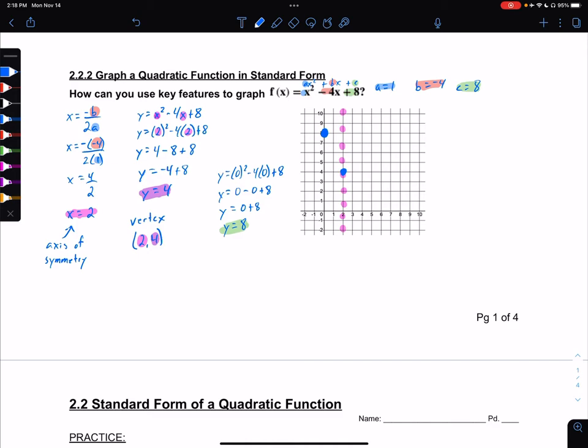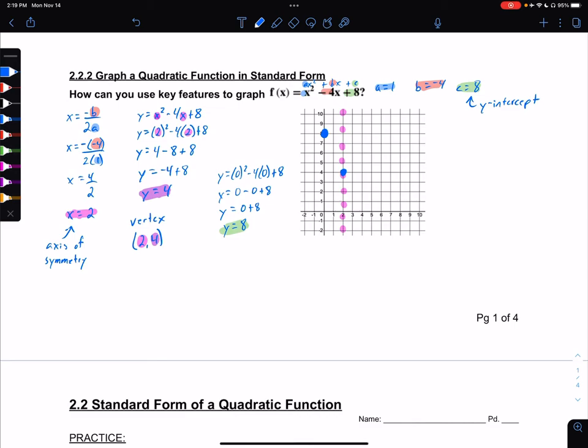So as a shortcut, your y-intercept is always going to be the value of c, because x will be 0, and the x squared and the minus 4x will effectively drop out, and all you're left with is the c value. So you're given the c value of 8, that will be your y-intercept. So this step here, you don't actually have to do. You can just jump right to c is equal to 8. So this is your y-intercept.